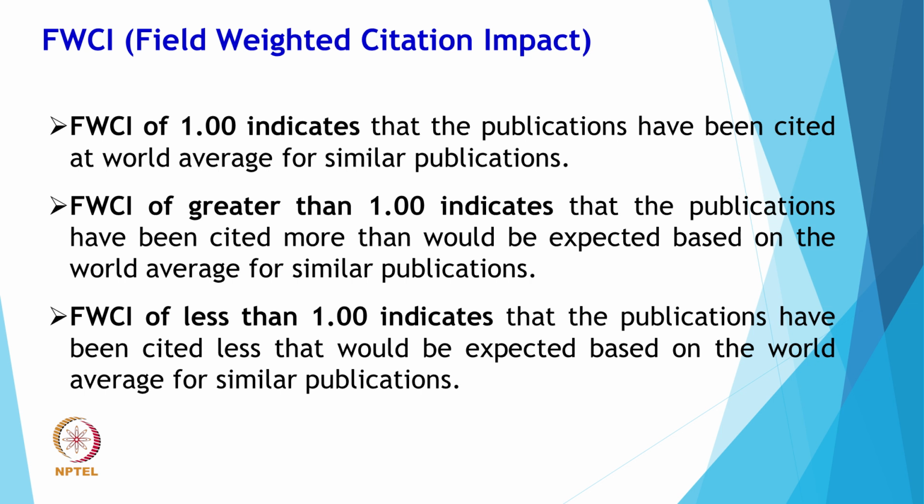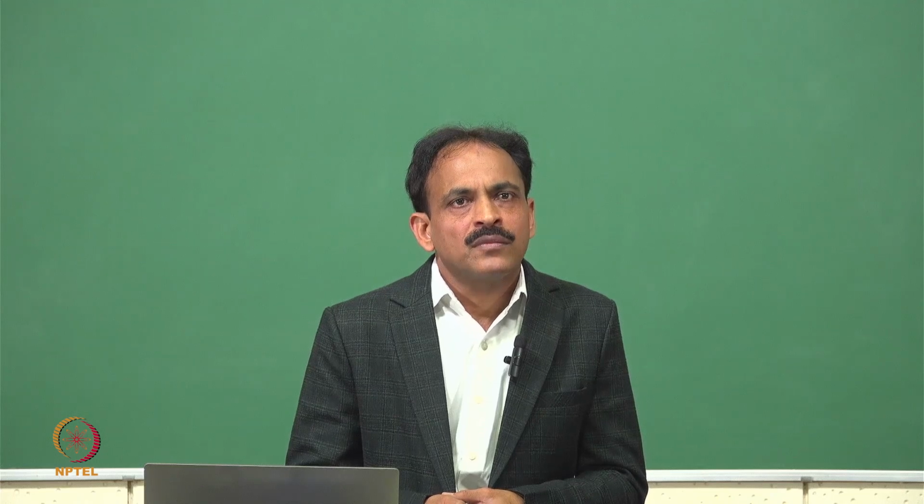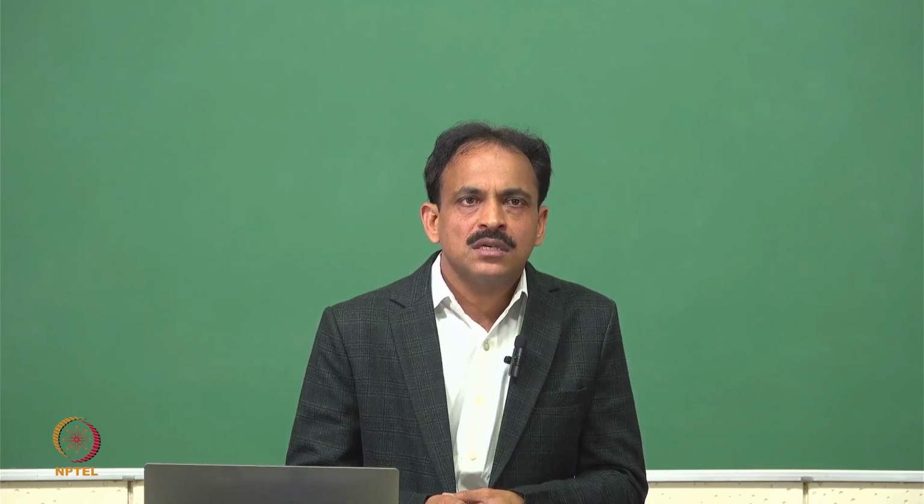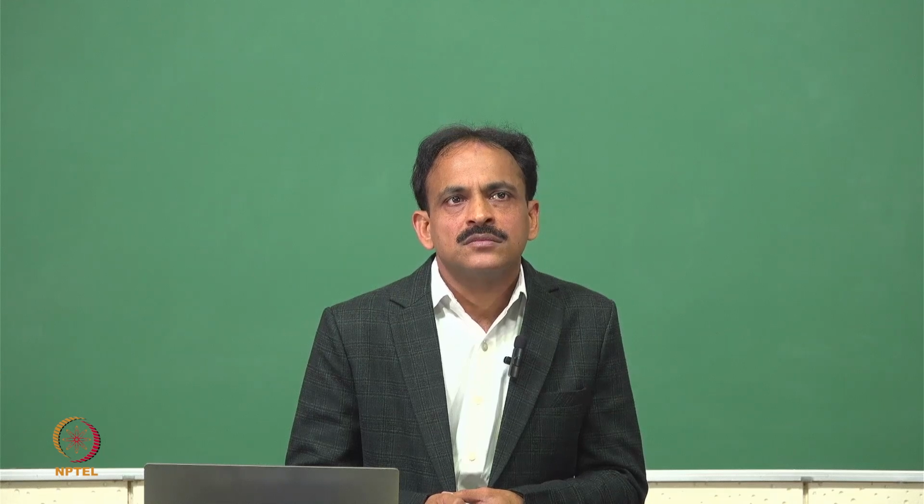FWCI of less than 1 indicates that the publications have been cited less than would be expected based on the world average for similar publications. For example, a score of 0.85 means 15% less cited than the world average.